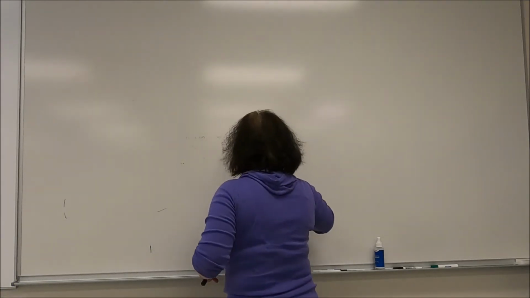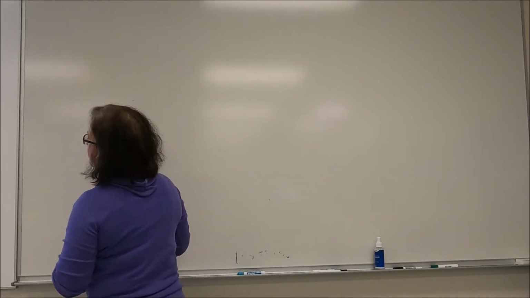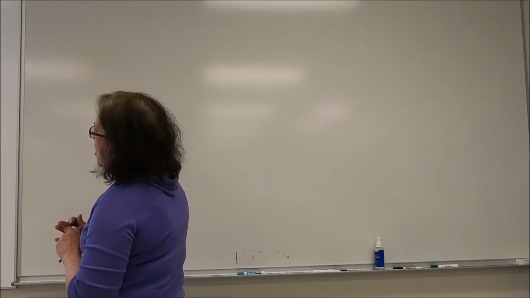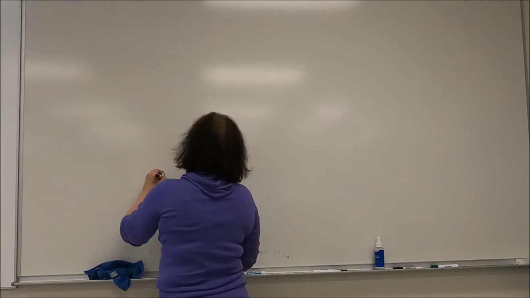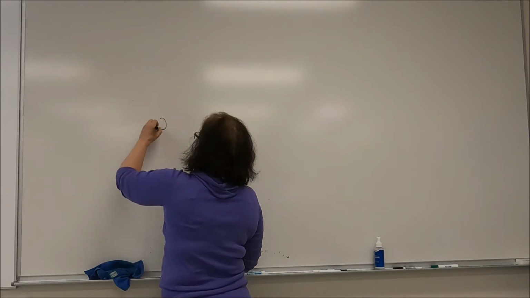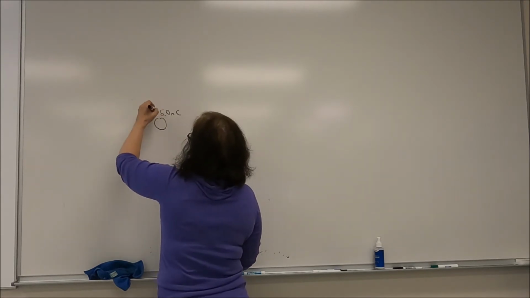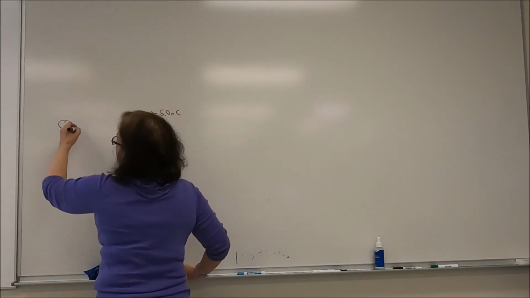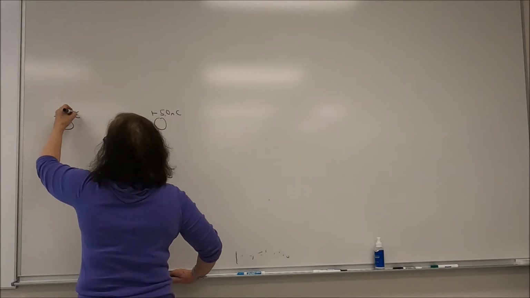I'm going to redraw the picture up here so that we can talk our way through it. Okay, we have the minus 10 nanocoulomb charge, there's another charge up here that's 5 nanocoulombs and it's positive. There's a charge over here that's minus 15 nanocoulombs.